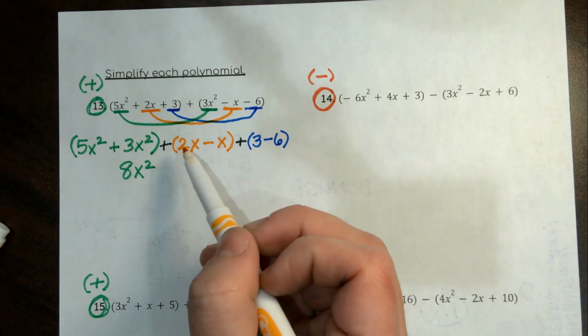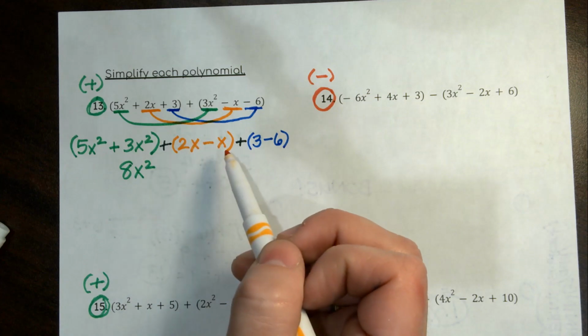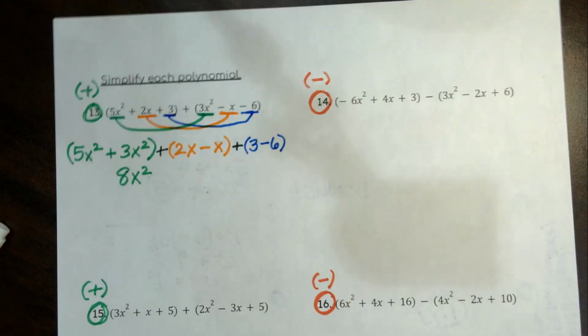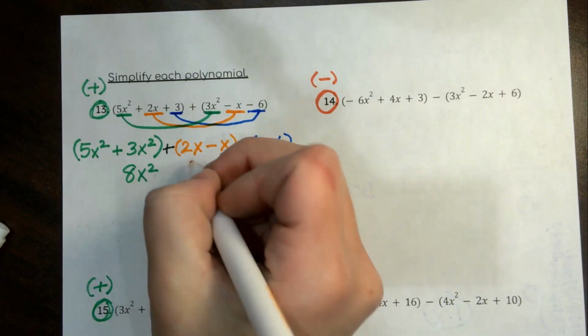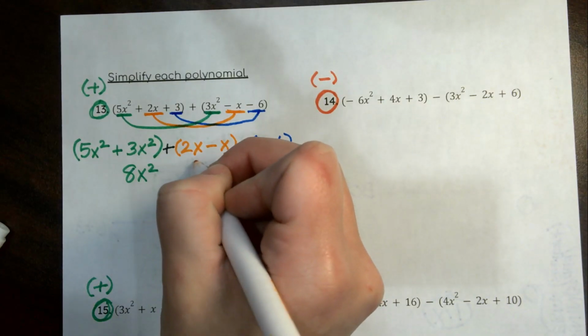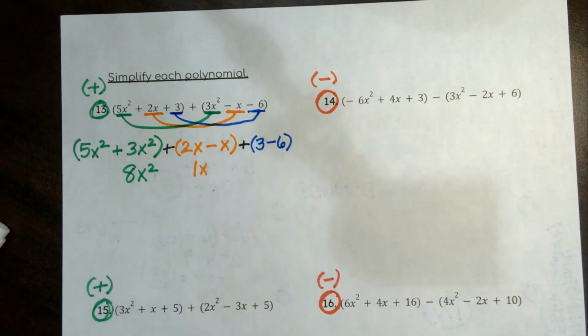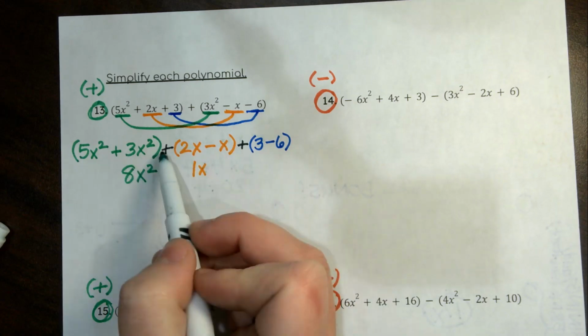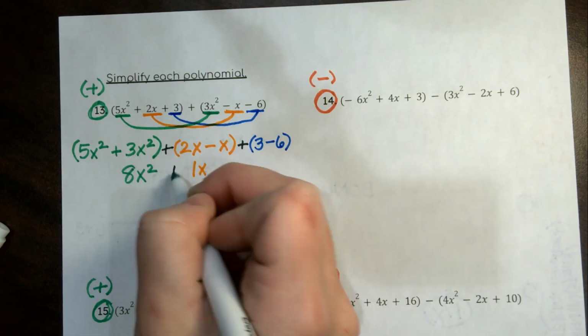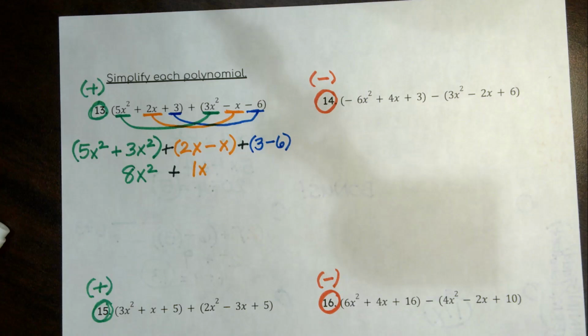So really this problem is 2 minus 1, and then we put an x by it. So what is that? 1x. So you can either just write x by itself, or you can write 1x if that makes you feel a little more comfortable. And we got to bring our plus sign down.